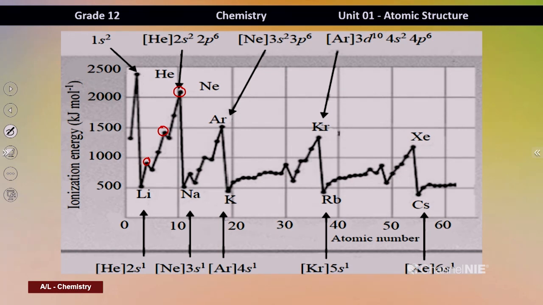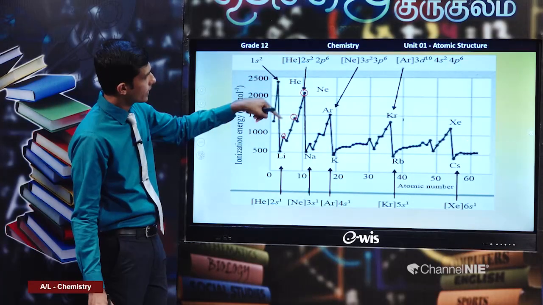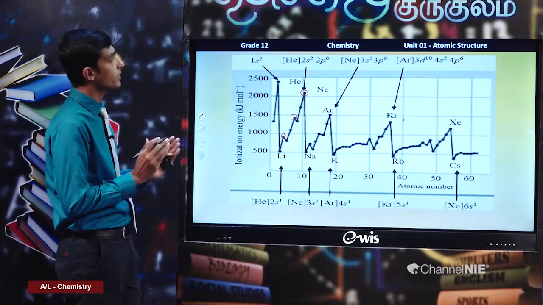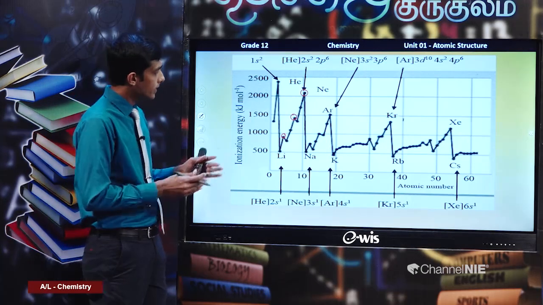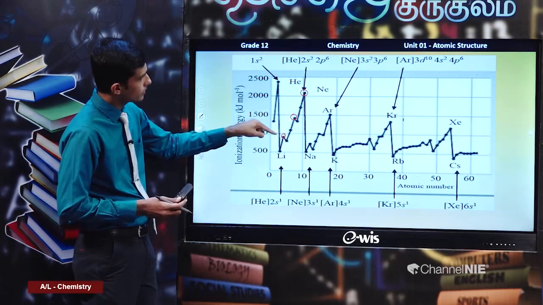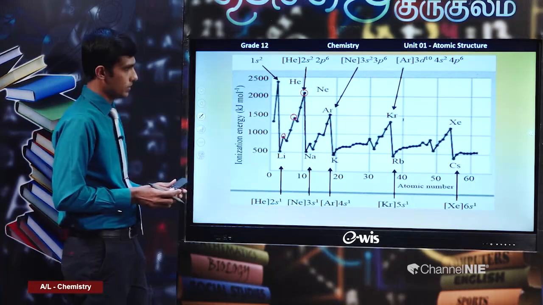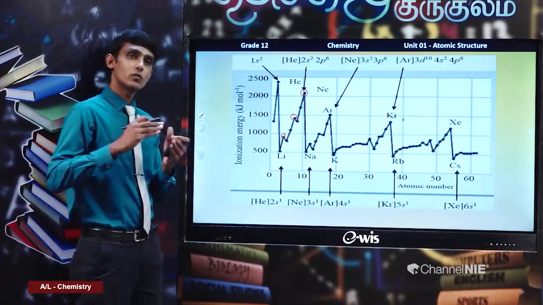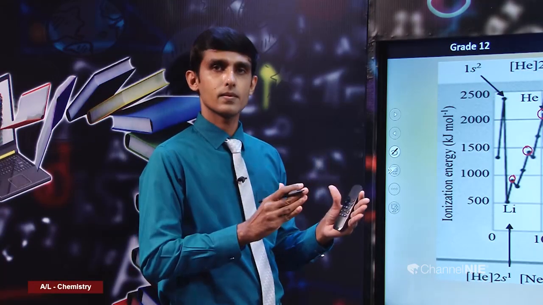That means we expect a steady increase, but at these places the increase is somewhat greater than the expected value. The reason is that at these positions, the elements have relatively stable electron configurations, otherwise it would have been a steady increase.